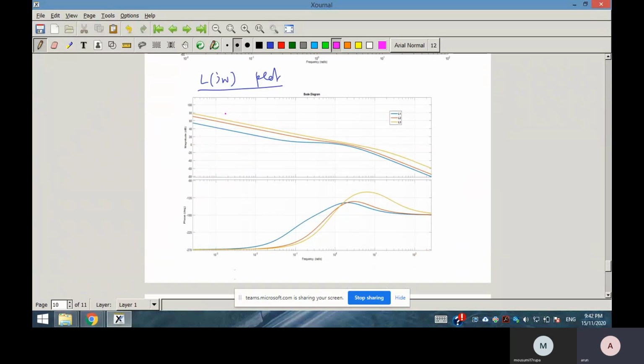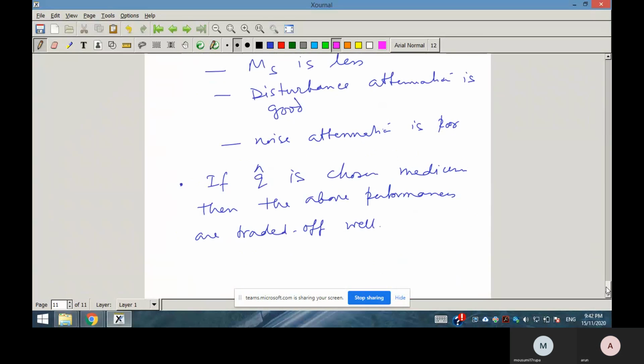That is also another way to check. So all these things you have to post check here. Q hat you will choose, and then you will post check whether L(j omega) satisfies the disturbance and noise attenuation and robustness conditions or not. Okay. So now we will move to PID controller.